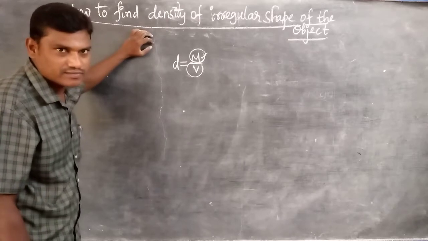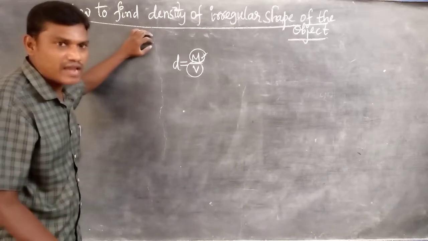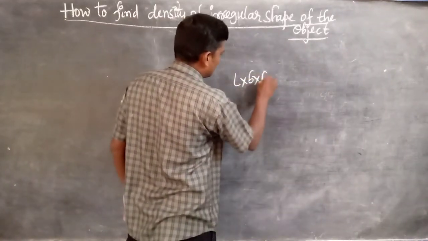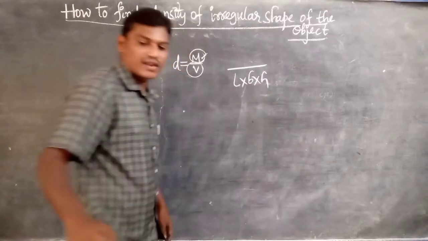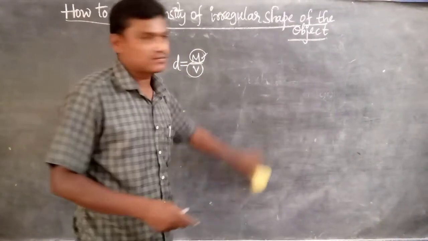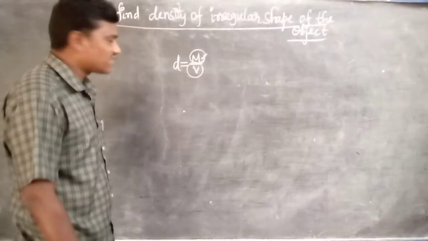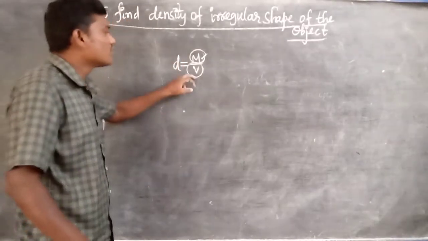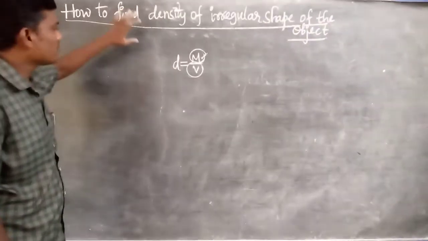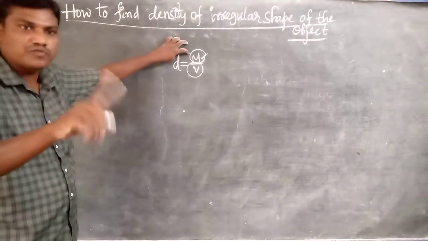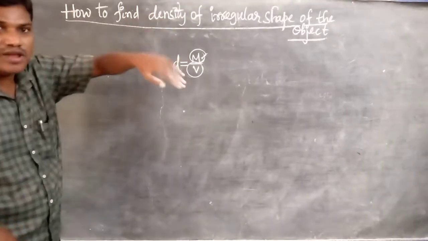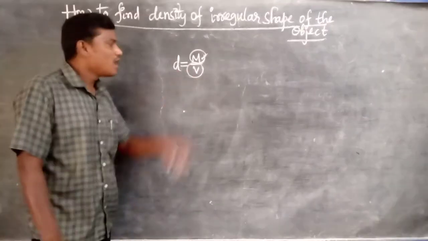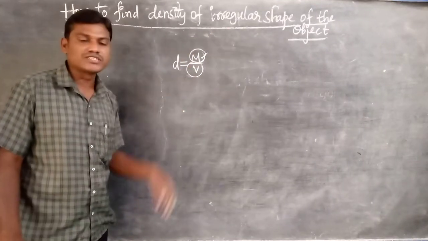The volume of a cuboid is L into B into H. For a sphere it is 4 by 3 pi r cube. So mass can be found in the same way for regular or irregular bodies using a balance, but the volume of a regular body we find using a proper formula.